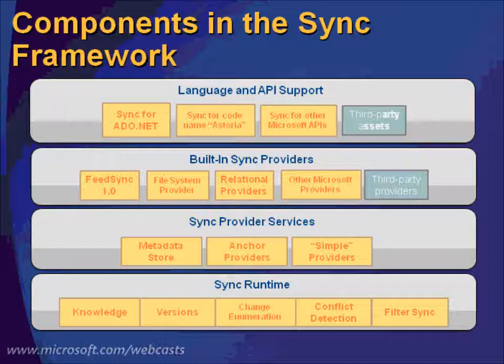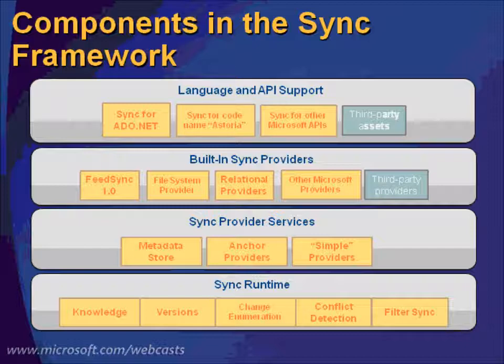What if you're not able to store any metadata, which is the common language, the common metadata that we need to exchange between providers to allow synchronization? If there's no place for you to store that with your data store or with your item at all, we give you the ability to store that metadata somewhere else, because all that we require in working with the sync framework is that you're able to exchange that metadata. So if you don't have any place to store it, we help you find a place with the metadata store.